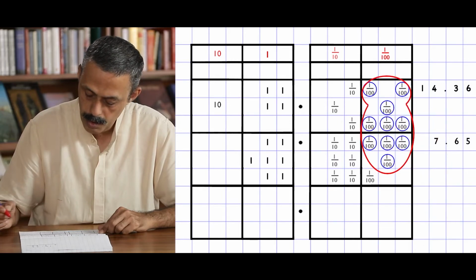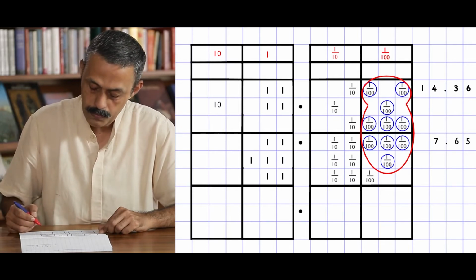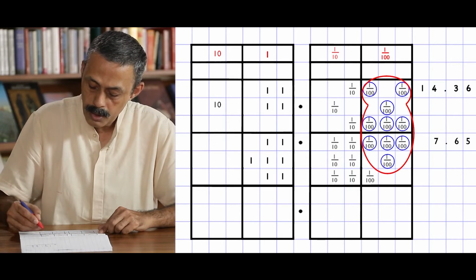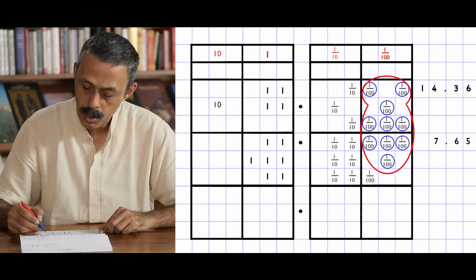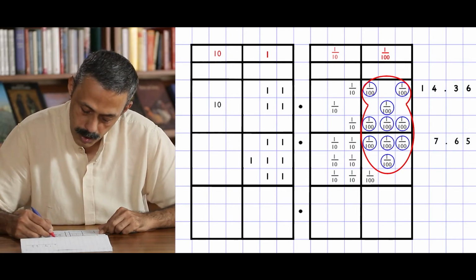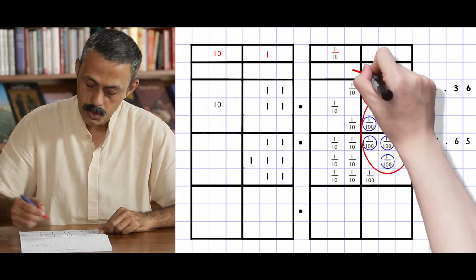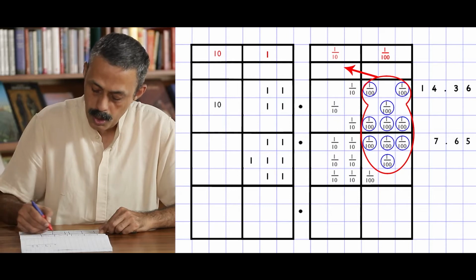We have only 9 boxes here, so we cannot write more than 9 here. So when we have a bundle of 10, what do I get? It will go to the 1/10th position.